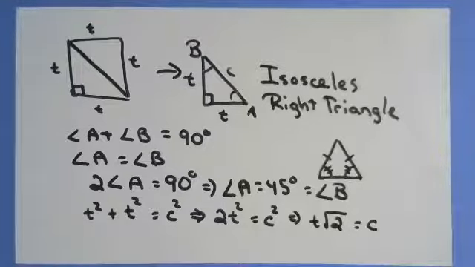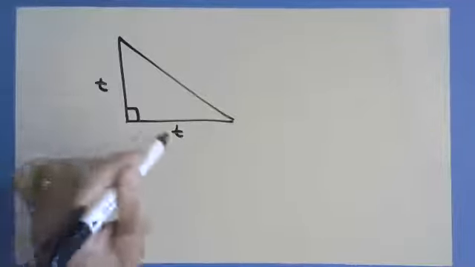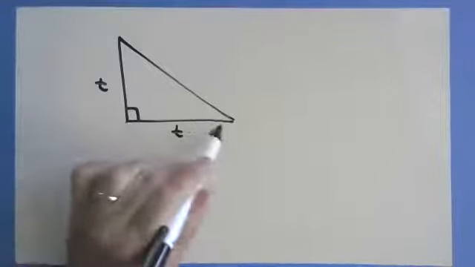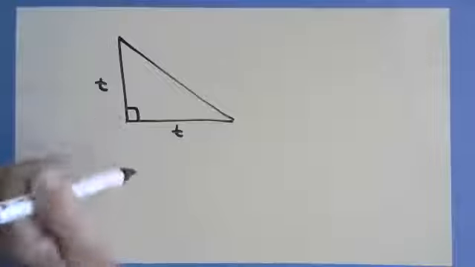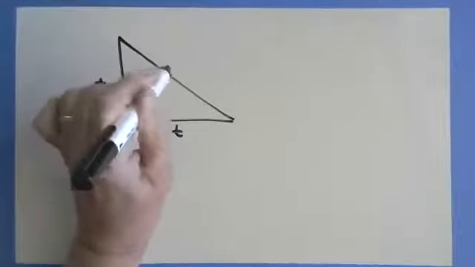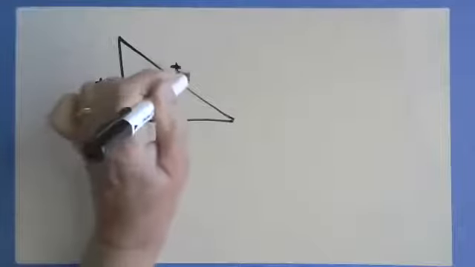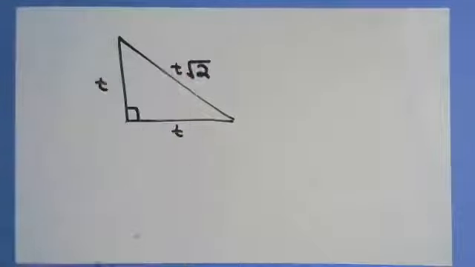So I'm going to pause the recording for a moment, clean my board, and summarize what I have here. Our isosceles right triangle has two legs that are congruent, the same length. We saw that the hypotenuse has the length of one of the legs times the square root of 2.